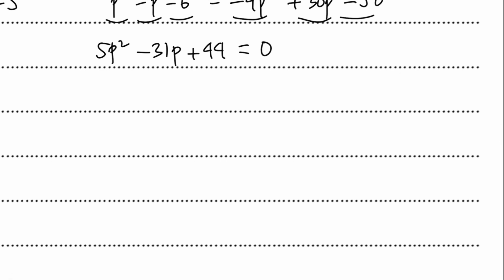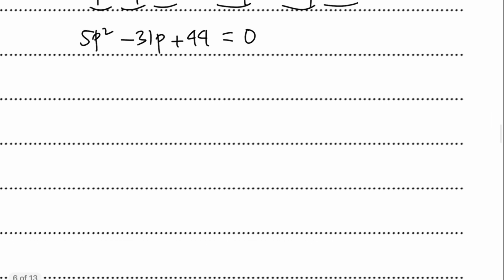Looks complicated, so let's do factorization. I think it works. So, first thing first, we multiply 5 and 44. 5 times 44 is 220. And we find two values: when we multiply, we get 220, but when we add, we get minus 31.